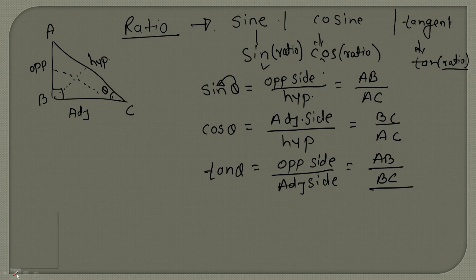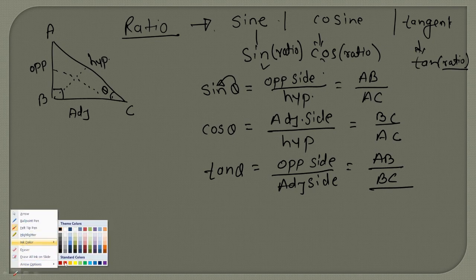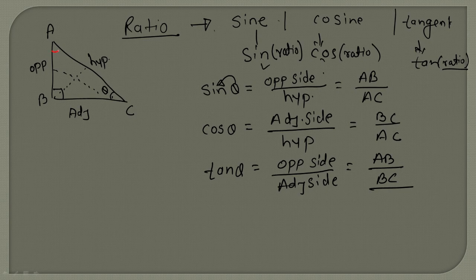Now let me do one more. Suppose this angle is alpha, and I tell you to find sine alpha, cos alpha, and tan alpha. We have to find the sine ratio, cos ratio, and tan ratio with regard to this alpha angle.